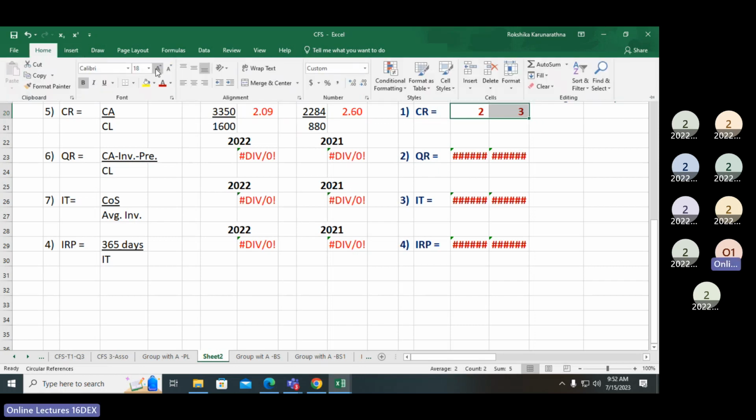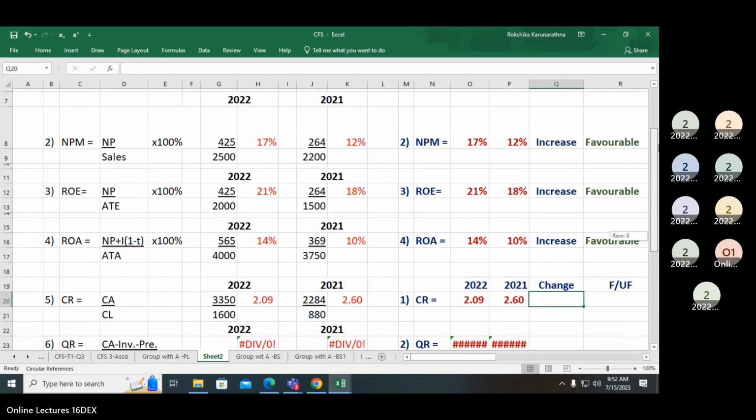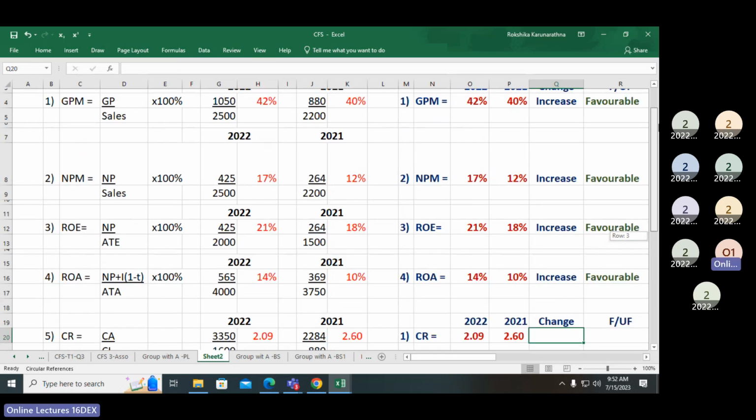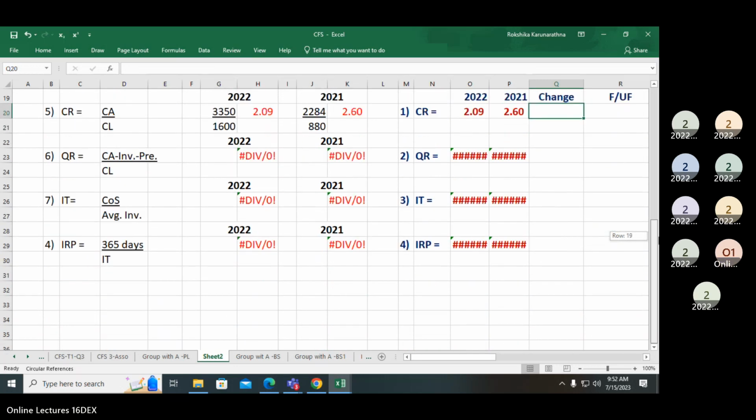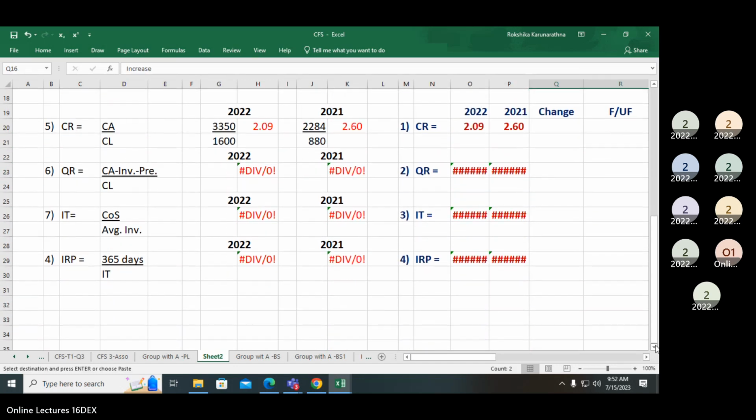So you see that current ratio decreased from 2.6 to 2.09. So change is decrease.